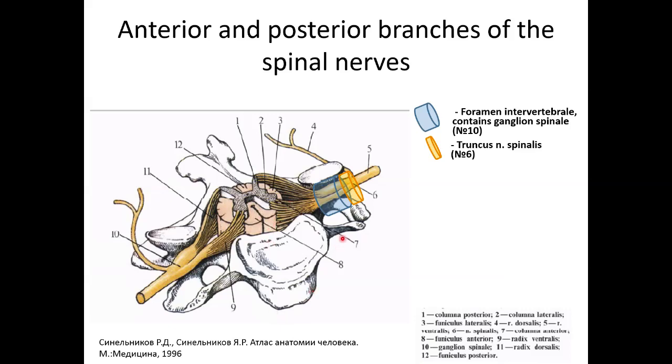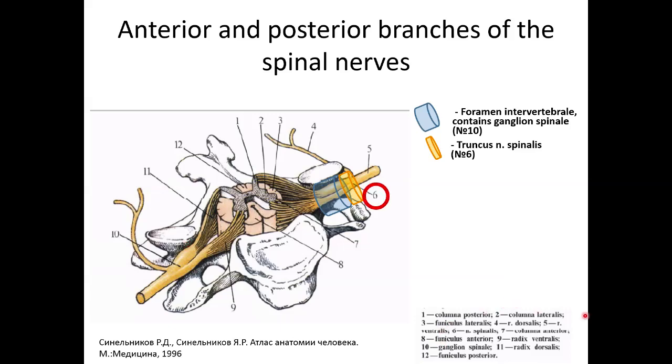First of all, because here is corpus vertebrae, so this is anterior surface of the spine, and second, this thicker part which is ganglion spinale is part of radix posterior. Radix spinalis posterior has this thick place which is named ganglion spinale.